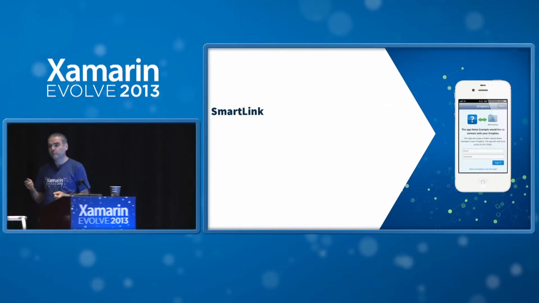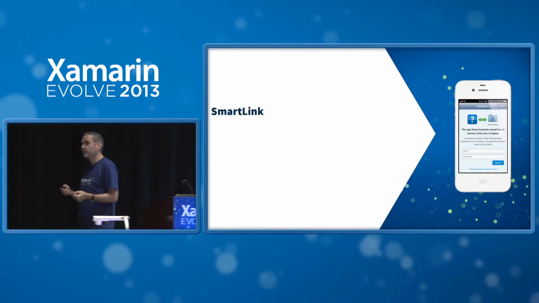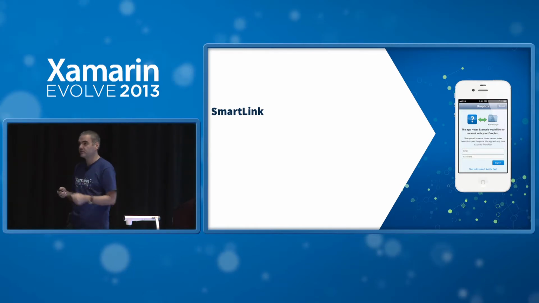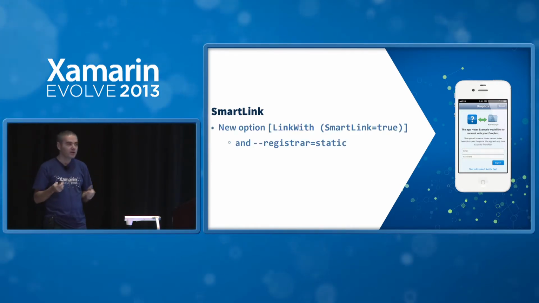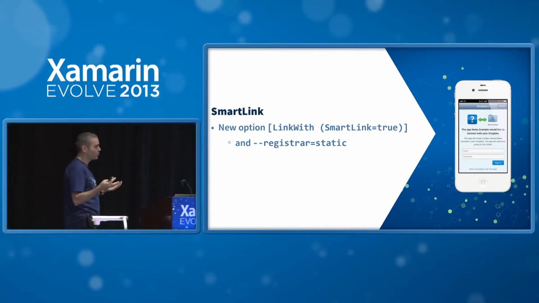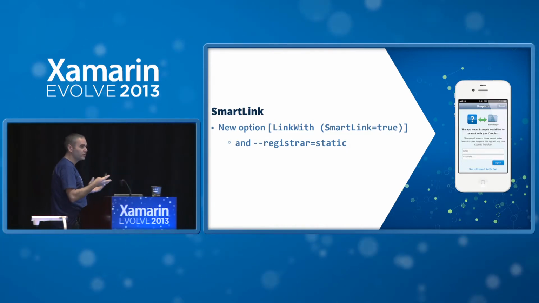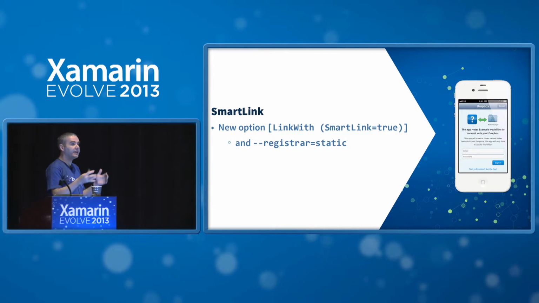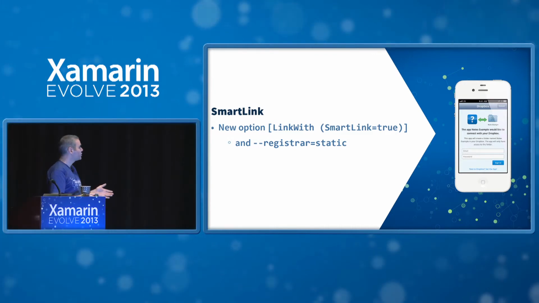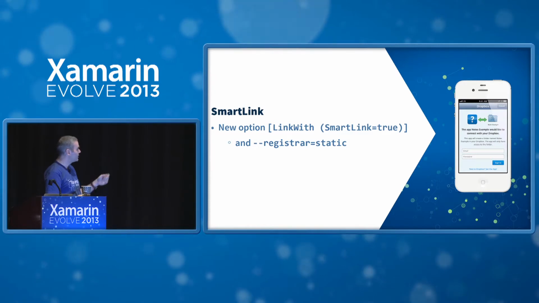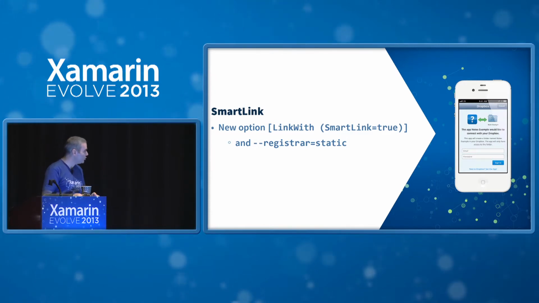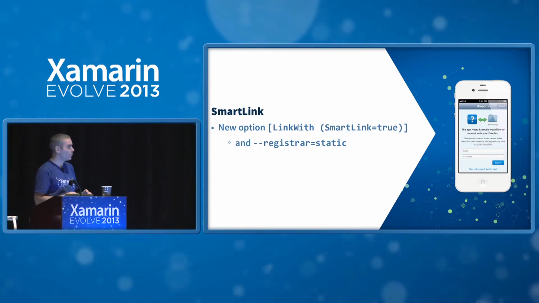There's also a new option which is called Smart Link. That's in the very latest release of Xamarin.iOS. It does about the same as what we talked about, but it does it on the native side, not on the managed side. So you can use Smart Link with your LinkWith attribute and specify an option to use the new static registrar.